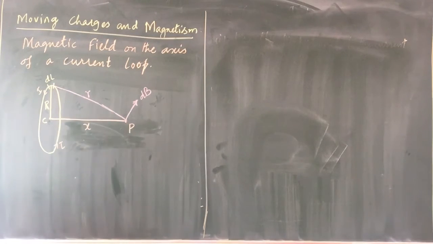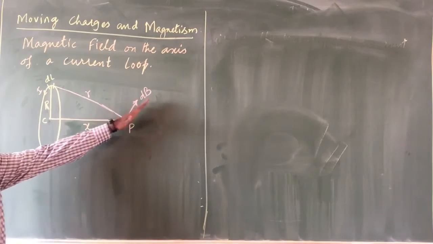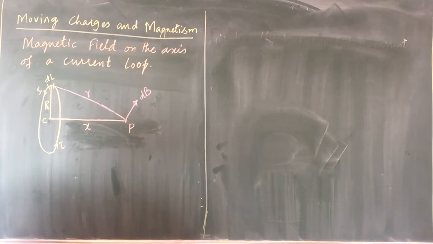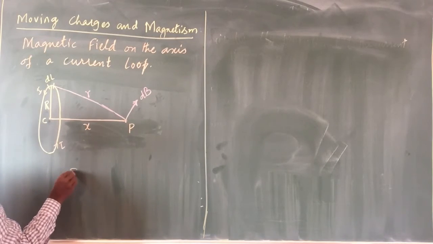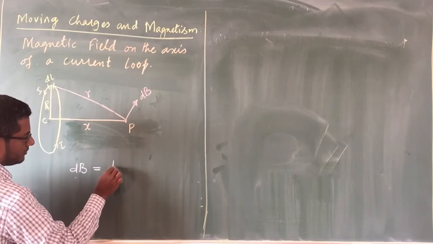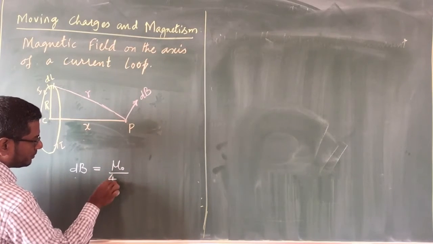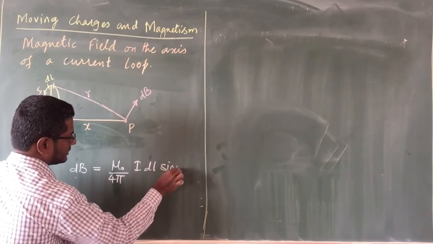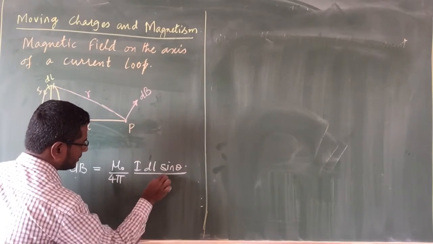Now we apply the Biot-Savart law to find the magnetic field dB due to this element dl. It is going to be dB equals mu naught by 4 pi, I dl sin theta divided by r square.